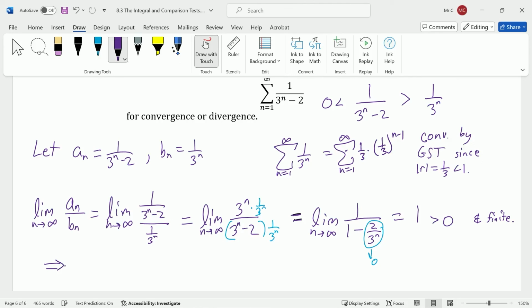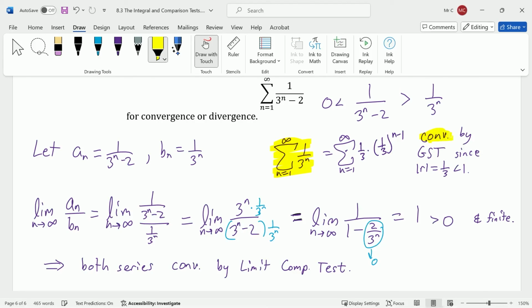And that implies that both series converge by the limit comparison test. Again, the limit comparison test says either both series converge or both diverge, and I already know that this series converges by the geometric series theorem, so my second series has to do the same thing. It has to also converge.